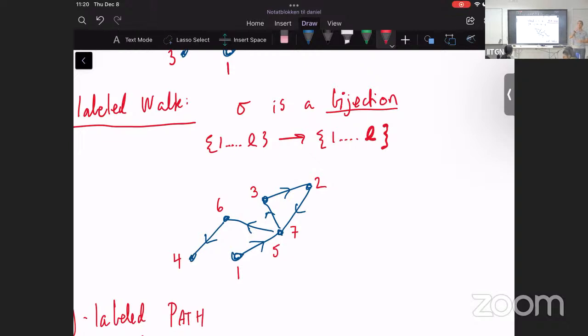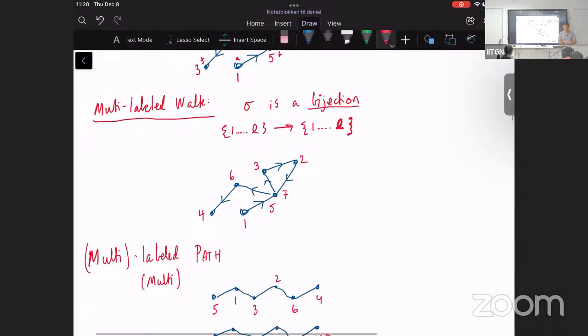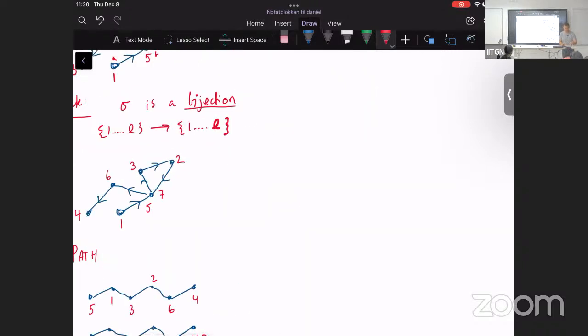So okay. A walk in a graph is a sequence of vertices, right? So, for example, here I have a graph, let me give the vertices some names.